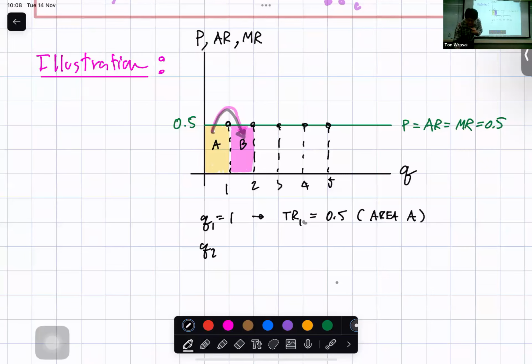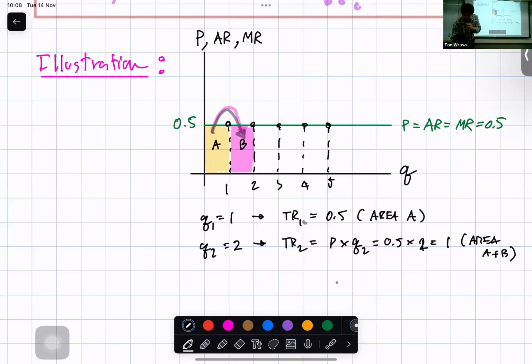When this guy sells 2 units, his TR2 will be equal to P times Q2, 0.5 times 2. He got new TR of 1 baht, which is area A and B together, A plus B.